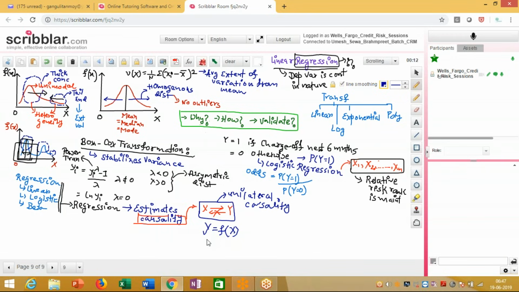In regression, we try to assess the unilateral causality between X and Y, where X is an independent variable and Y is a dependent variable, and the entire objective is to identify the average impacts of change.